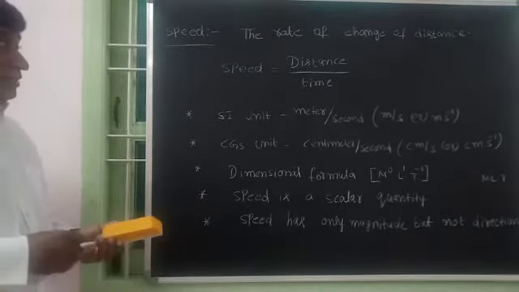The first one we are going to discuss is average speed. We can write it in equation form as total distance by total time.